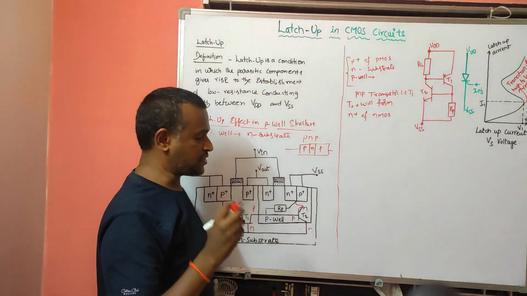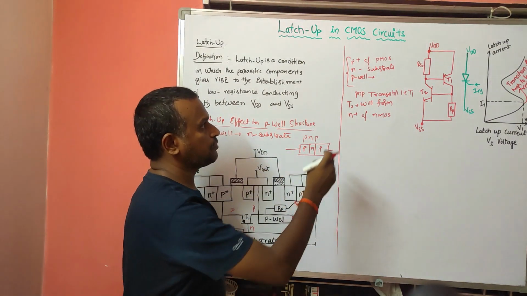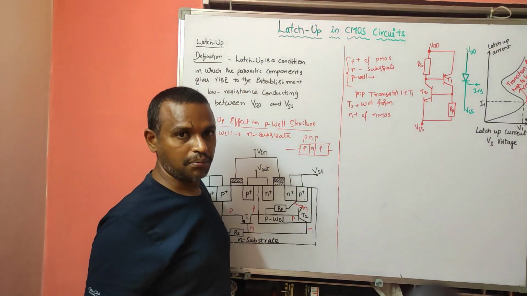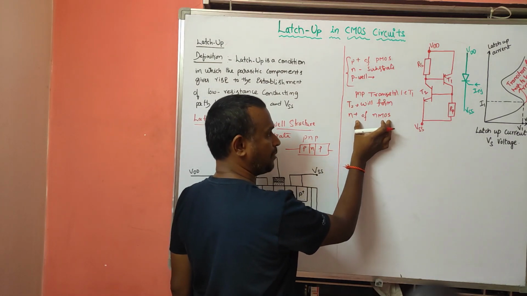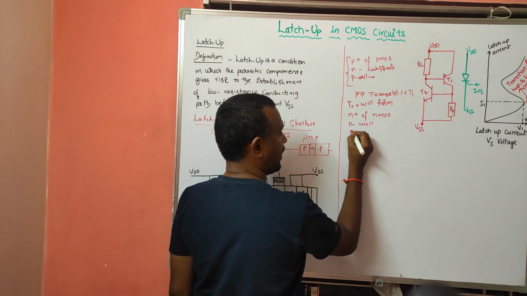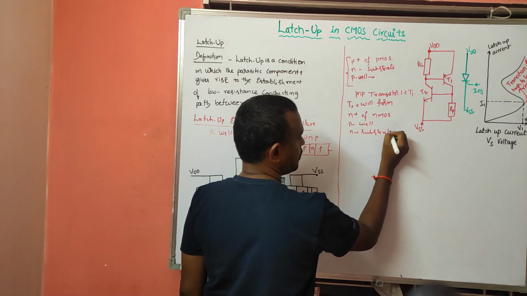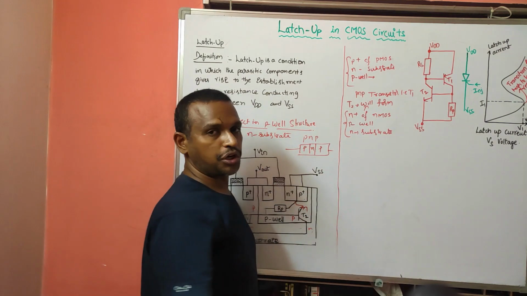Here CMOS consists of one PMOS and one NMOS. Because of the PMOS, this parasitic element is formed, transistor T1. And similarly, because of the N plus of NMOS, the P well and the N substrate, these three will form the transistor T2.